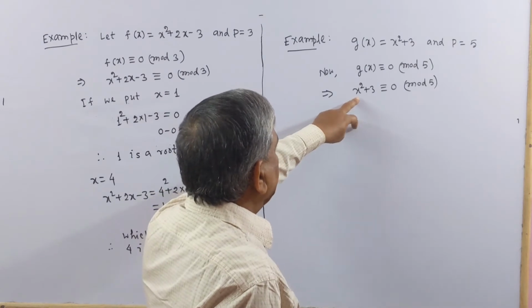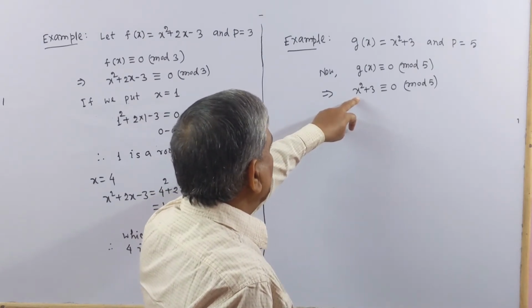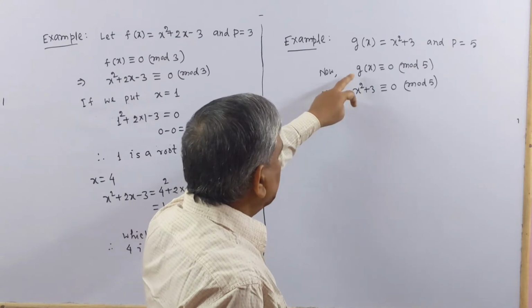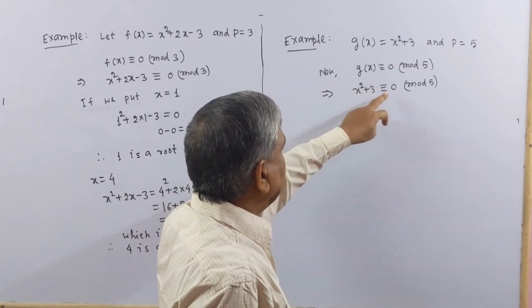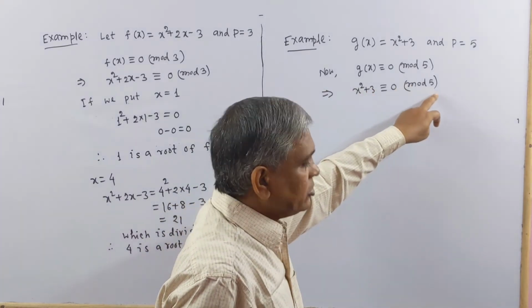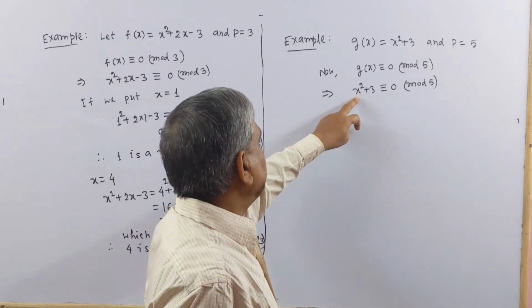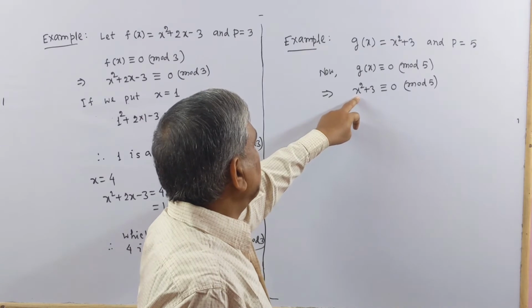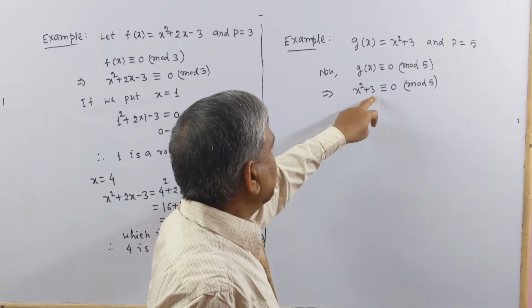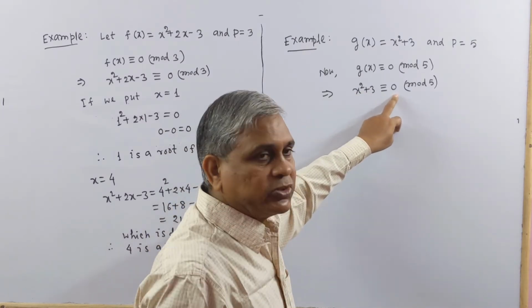If we put the value of x equal to 1, then 1 square plus 3 equal to 4 minus 0 equal to 4, which is not divisible by 5.